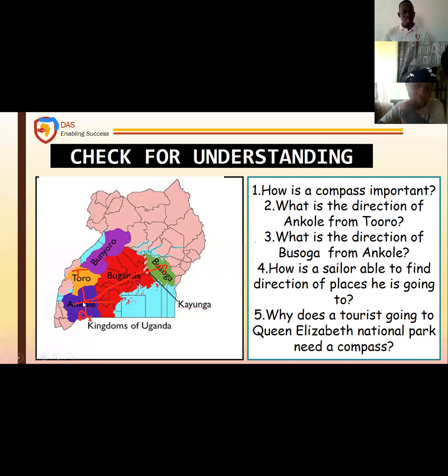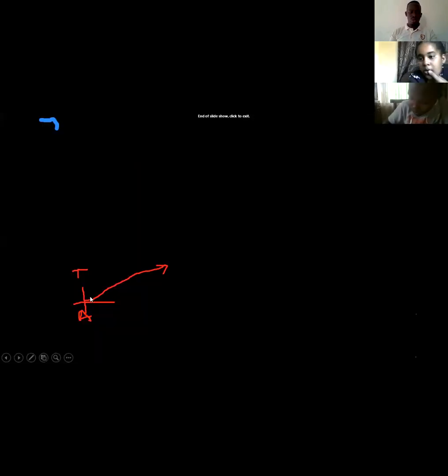The direction here, you can see where the line passes, is between east and north. What is that direction which is between east and north? East is this one which continues this side. But this one is between east and north. What's the direction called? That is called northeast.